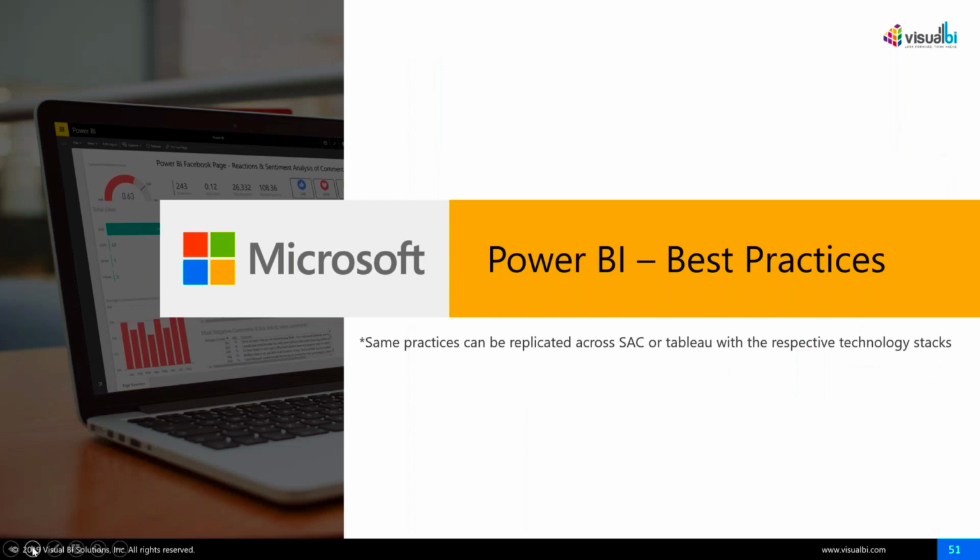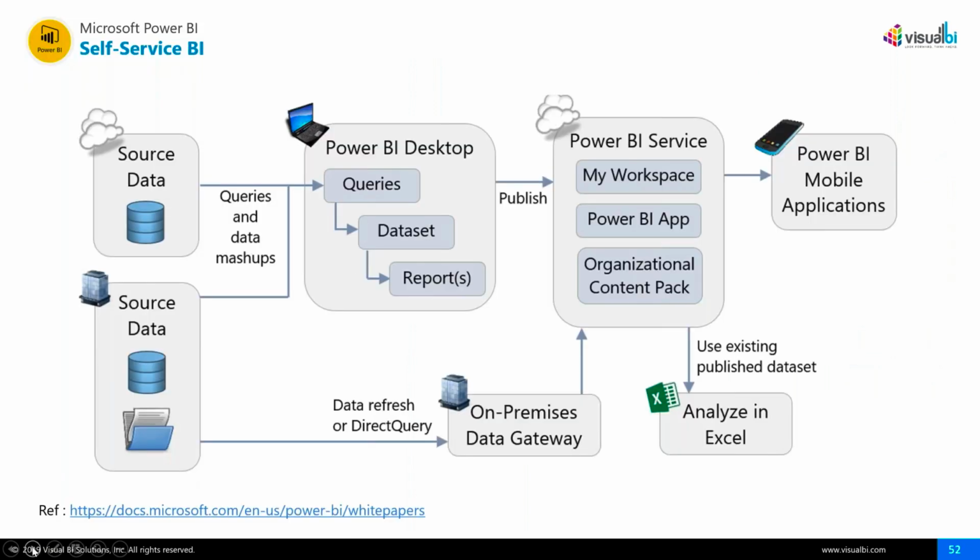So we wanted to bring some more new perspectives in terms of each of the tools. Microsoft has done a very good job of giving a wave 1, wave 2 view of the self-service BI scenario. I wanted the audience to use these as best practices, and we have given references on where you can learn more.